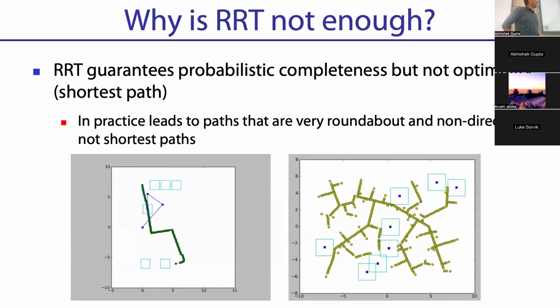And so when you go from RRT to RRT star, the challenge we're trying to solve is an optimality challenge, in the sense of: are we finding things that are close to a shortest path to get from the start to the goal, right? RRT in general leads to these very jagged, roundabout paths. So if you ever see an RRT algorithm doing this, instead you want to go to an RRT star style algorithm, which will help you find much smoother paths.